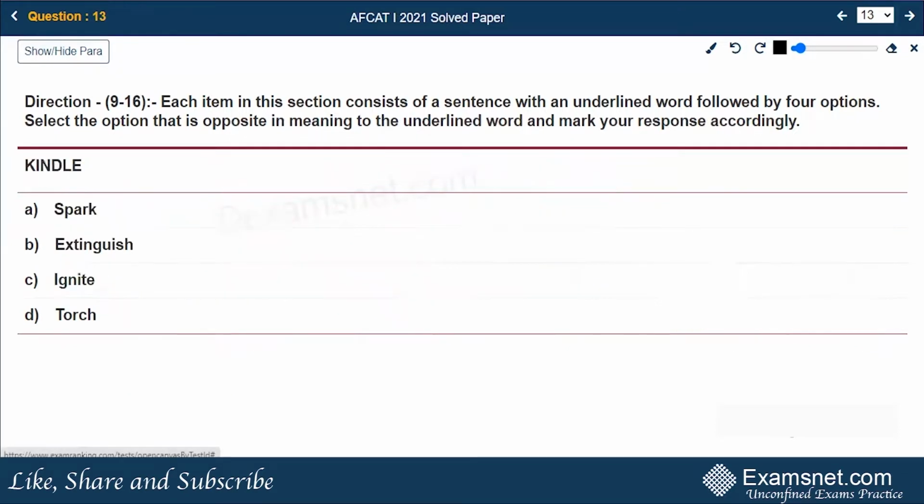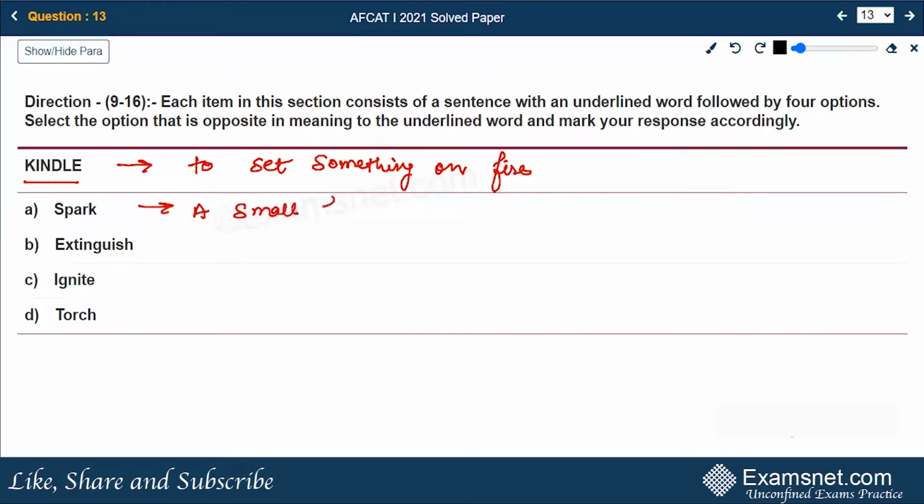Next, question number 13. The word given to you this time is kindle. What do you mean by kindle? Kindle means to set something on fire. Spark is a small fiery particle which is very light, thrown off from fire.